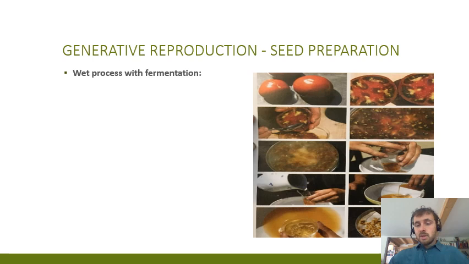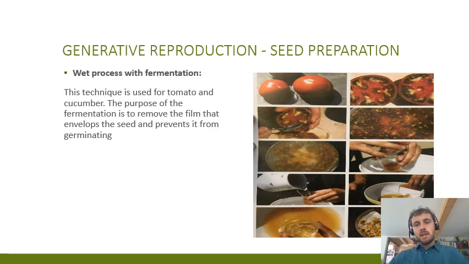Sometimes it's not possible to do this simply, so you have to do the wet process with fermentation. The idea is to have a ferment. It is for crops where the seeds do not get out of the pulp. That is the case for tomato and cucumber.